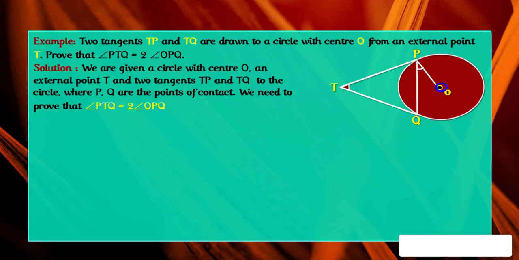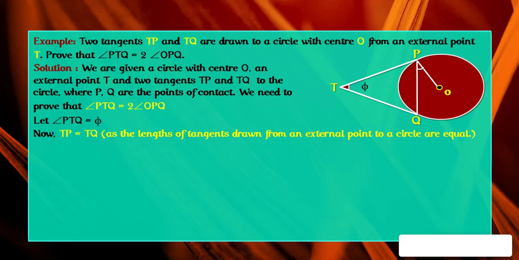We are given a circle with center O, an external point T, and two tangents TP and TQ to the circle, where P, Q are the points of contact. We need to prove that angle PTQ is equal to twice angle OPQ. Let angle PTQ be equal to phi.